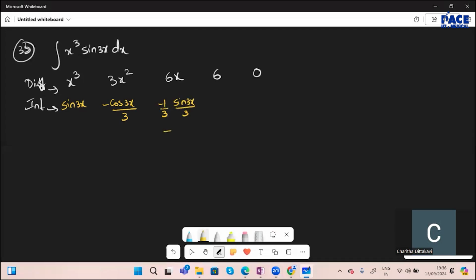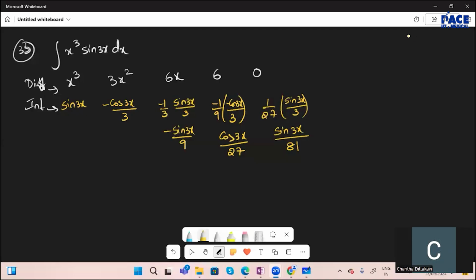Now you already have a minus sine 3x by 9, let it be. Now that is your minus 1 by 9 times. What is sine 3x integration? Minus cos 3x by 3 again. So that becomes your cos 3x by 27. Yes, and finally you will end up with sin 3x by 81.